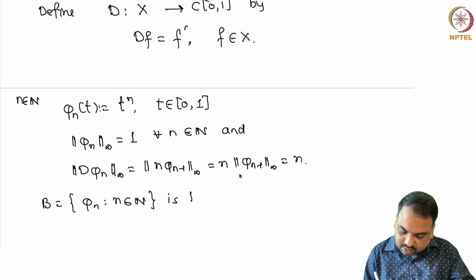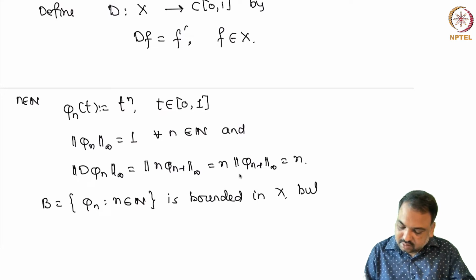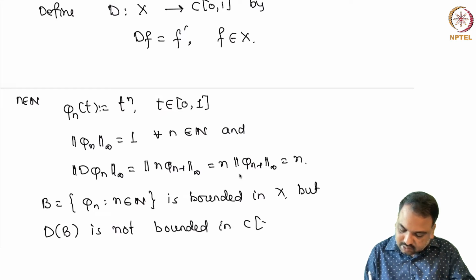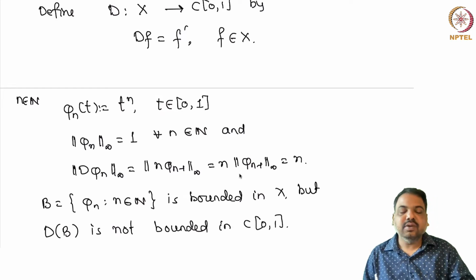So if you take this set B as {phi_n}, this is bounded in X, but D of B is not bounded in C[0,1]. So we got a bounded set which is mapped to an unbounded set by this operator f going to f'.